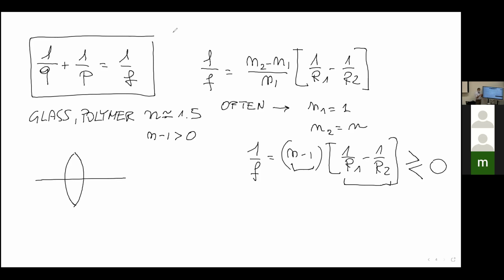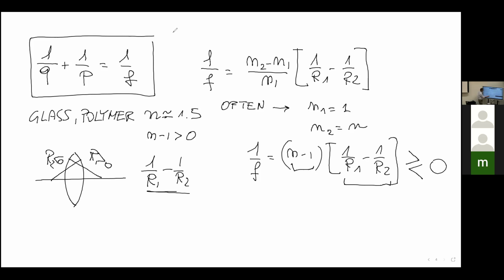where you have two curved surfaces like this, what about this difference here? Is it larger or smaller than 0? Look, R1 is this one. Is it positive or negative? It's positive. R2 is this one. Is it positive or negative? Negative. Okay?